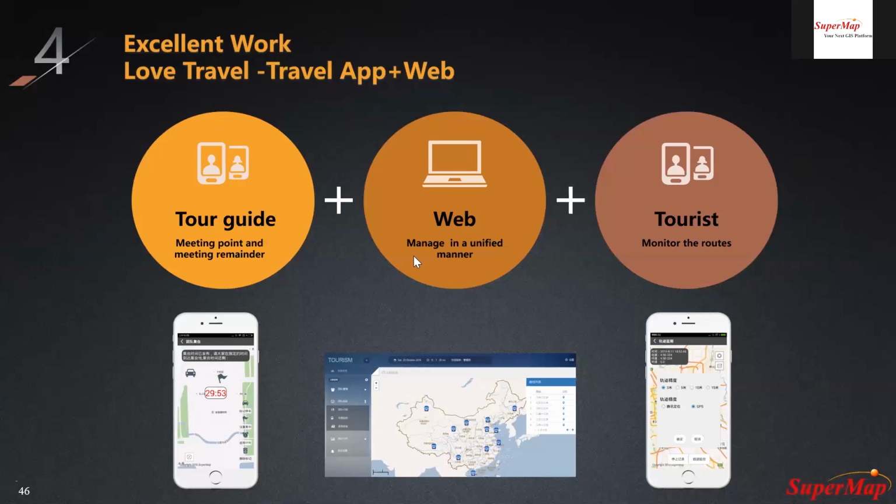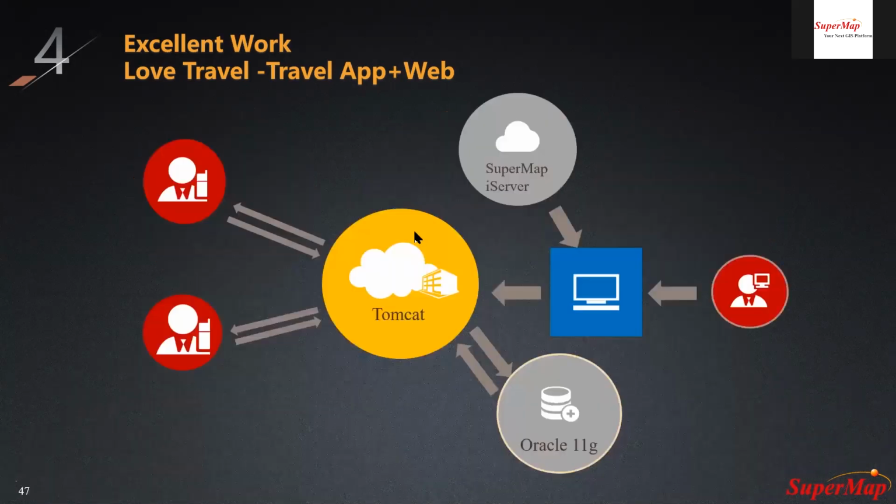For cell phone users, because this is a travel app, the end users on mobile phone really are tour guides and tourists. And for the web end, the users are managers of the whole system. And the whole system is deployed using Tomcat.